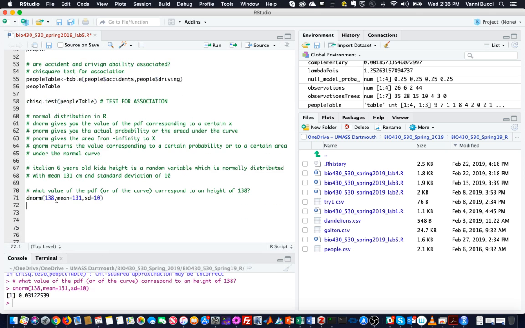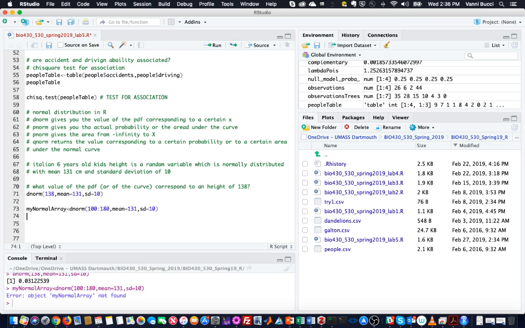Why do I care about that? Because I can wrap this into an array and, for example, say my normal array is equal to dnorm of, let's say, 100 to 180, mean equal 131, SD equal to 10.